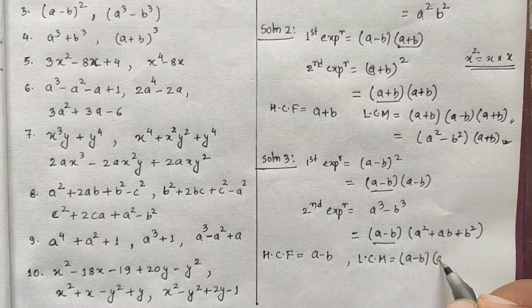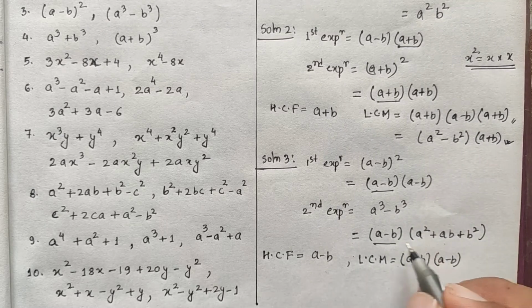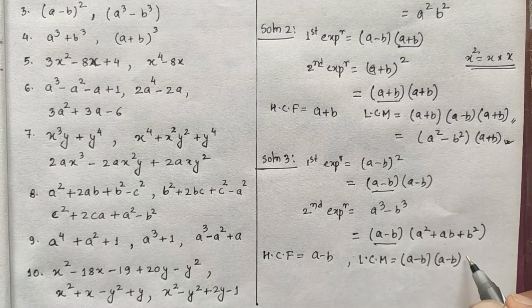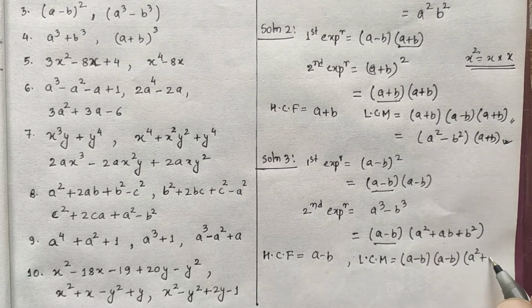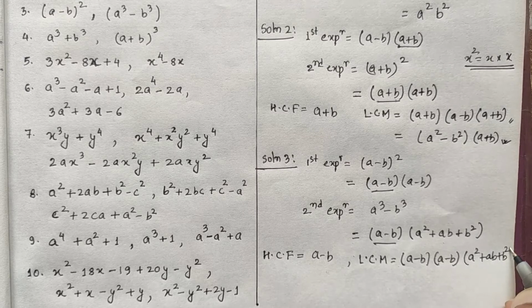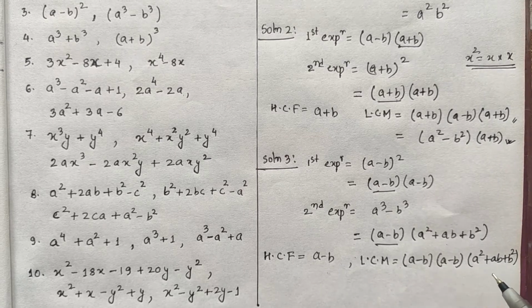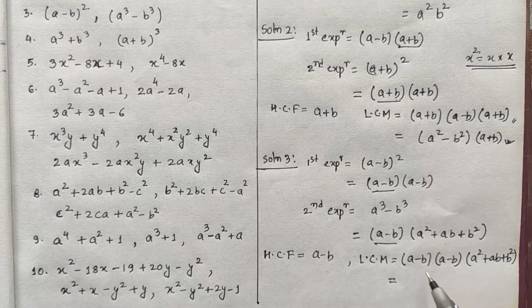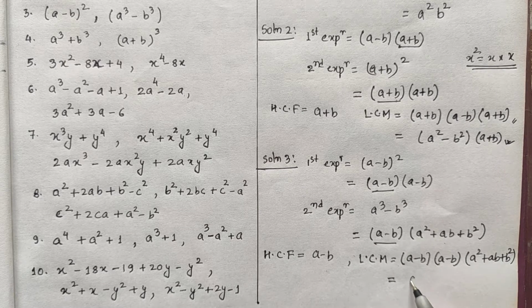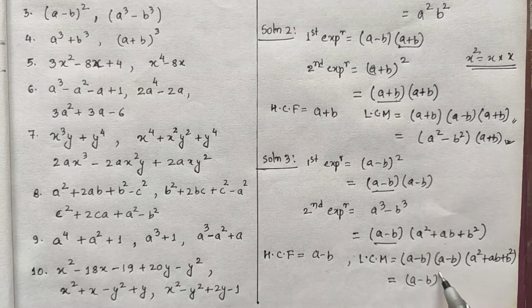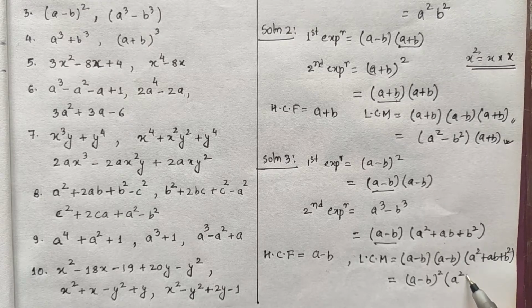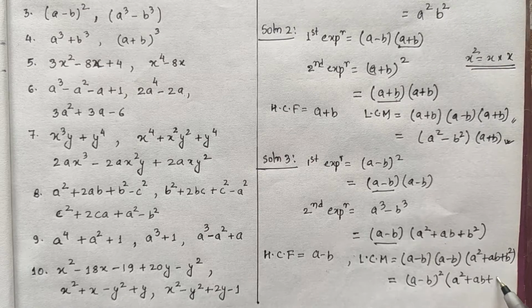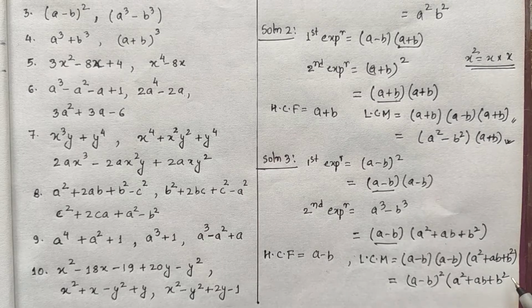This A minus B is left, and what's left in the second expression? This one, that is A square plus AB plus B square. Either you can leave it as it is, or you can solve one more step. A minus B times A minus B, we can write it as A minus B whole square, A square plus AB plus B square, like this, okay?